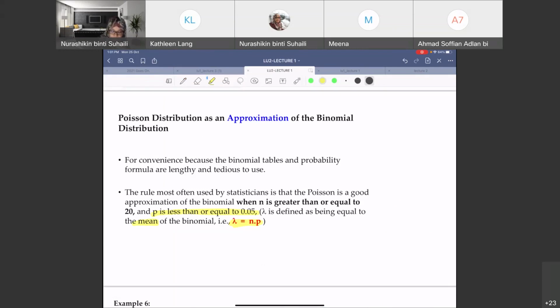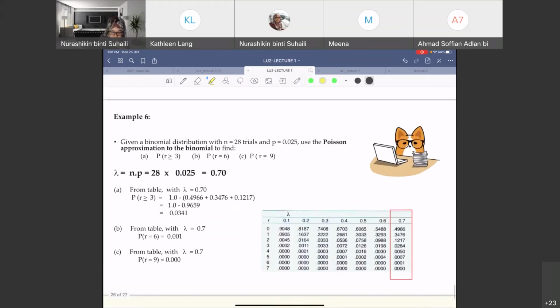So let's have a look at an example question. Given a binomial distribution with n equal to 28 trials and p equal to 0.025, use the Poisson approximation to the binomial to find P of r greater than or equal to 3, r equal to 6, r equal to 9. It is stated that you have to use Poisson approximation to the binomial.